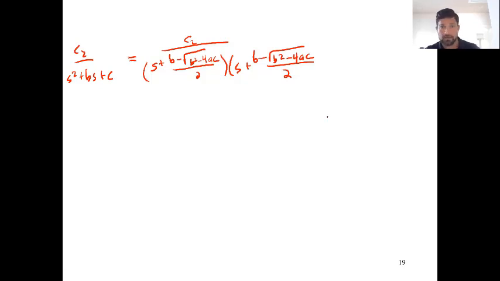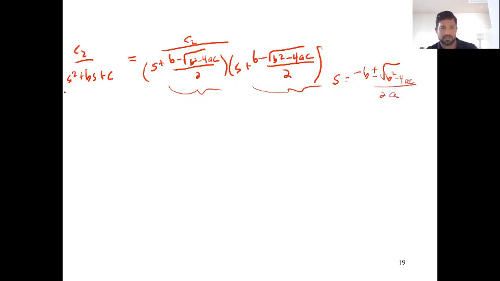And so what I did here, and maybe you can see a little bit, is that this term right here and this term right here are the roots. So we know that the roots of the quadratic equation would be S equals negative B plus or minus square root of B squared minus 4AC over 2A.